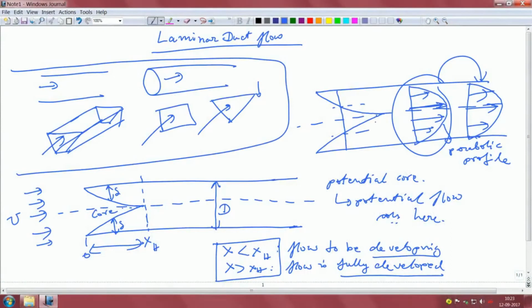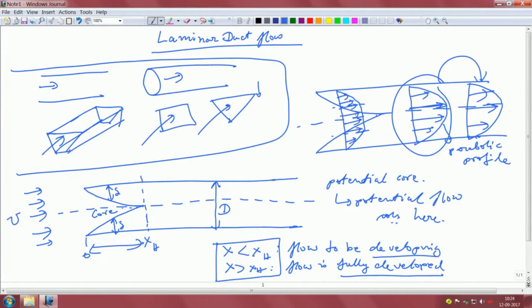What about this particular section? If I draw it properly, you will have a rise from both sides like this, and then there will be some kind of a potential core like that. Up to this it is basically the boundary layer, then after that it is the potential core.